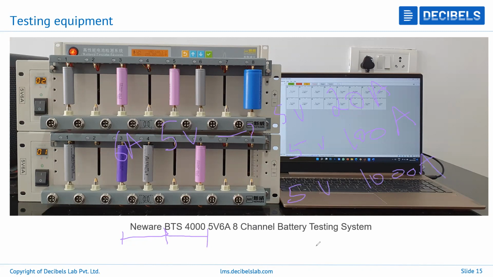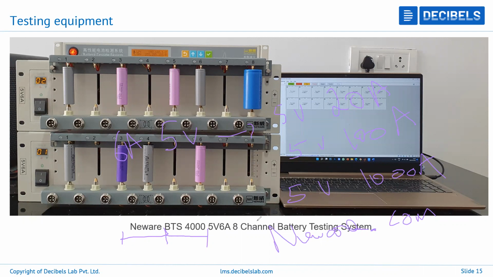You can find the complete list and configuration of all of these machines on newware.com. For those who are interested, you can head over to this website and see the many different machines offered by them. Every kind of test can be performed, including drive cycle tests, reverse drive cycle tests, extremely high current rate tests, life cycle tests, aging tests, and impedance spectroscopy.